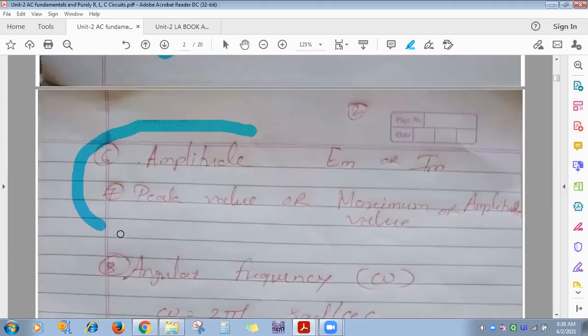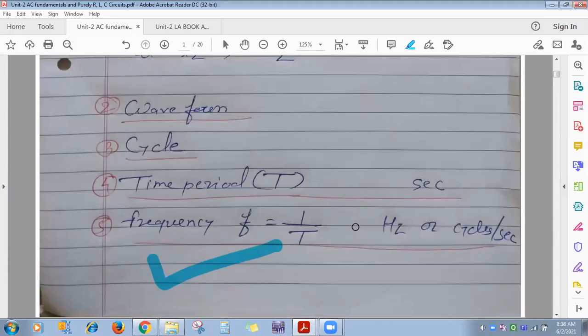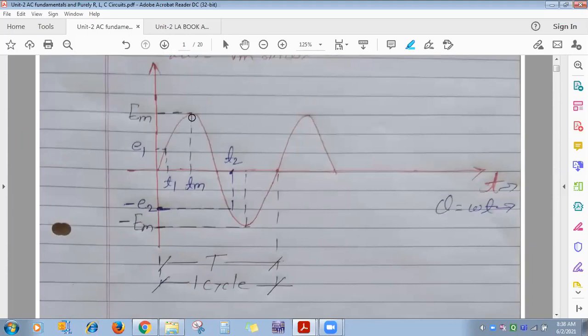Now amplitude, or peak value, or maximum value. All of you can see that the maximum value of the EMF induced in that coil is capital E suffix M. This is the maximum value. You can denote it as capital V suffix M also.